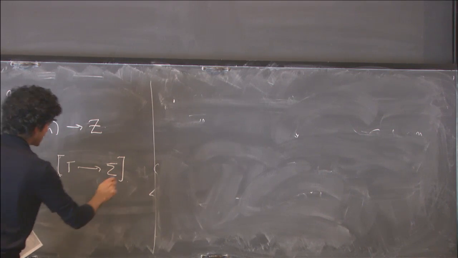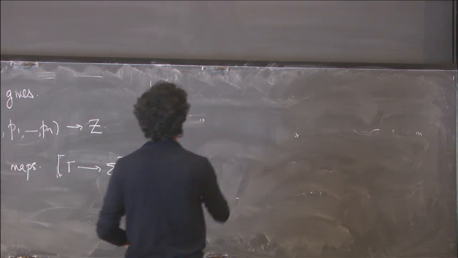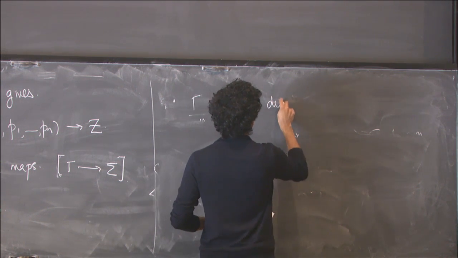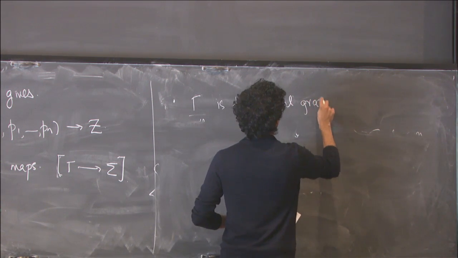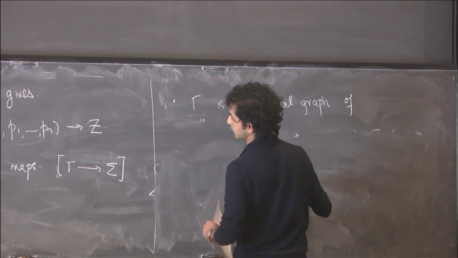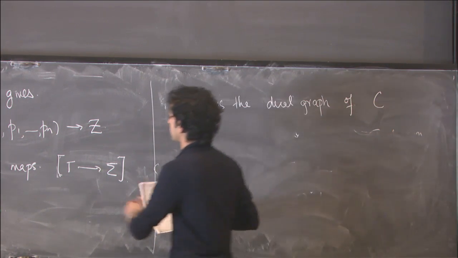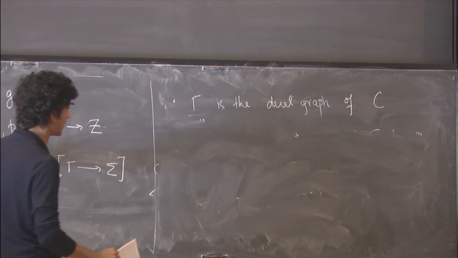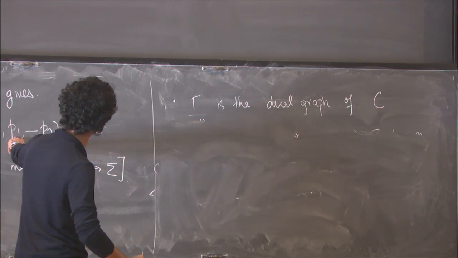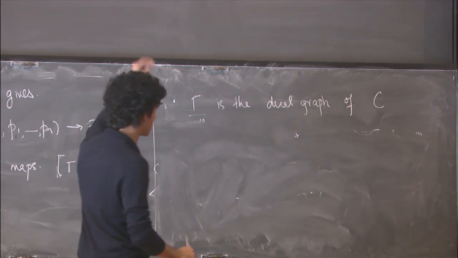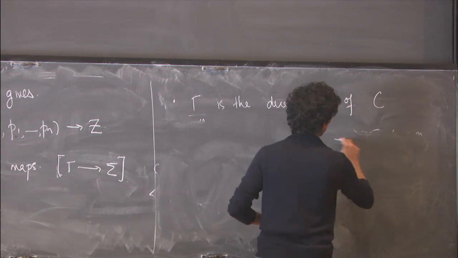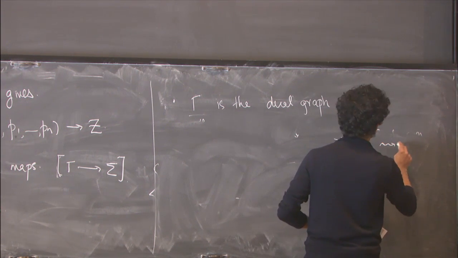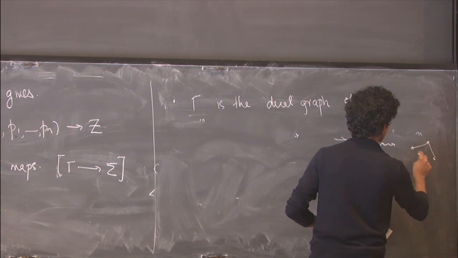I want gamma to be the dual graph of C. C is a nodal curve, so I can form a graph by taking one vertex for each of its components and an edge for every intersection of the components. And every time I have a marked point, I put on an infinite leg. So maybe if this is my nodal curve, then my graph probably looks something like this.